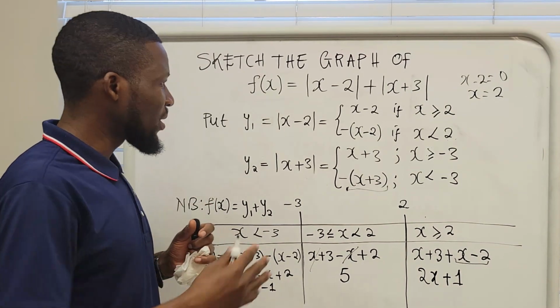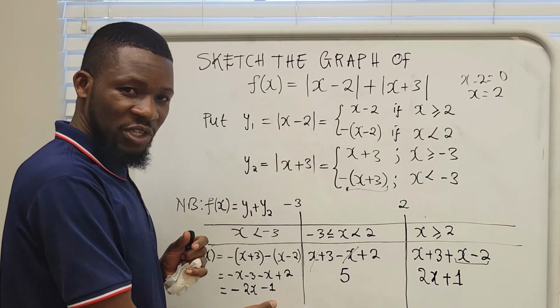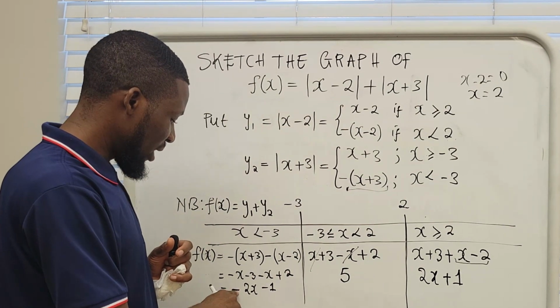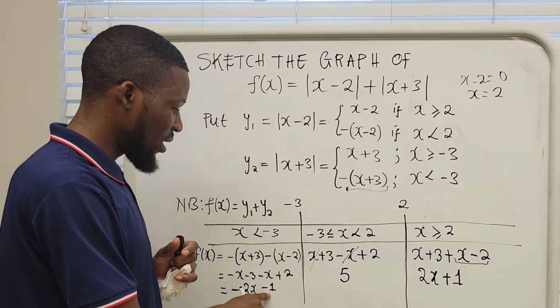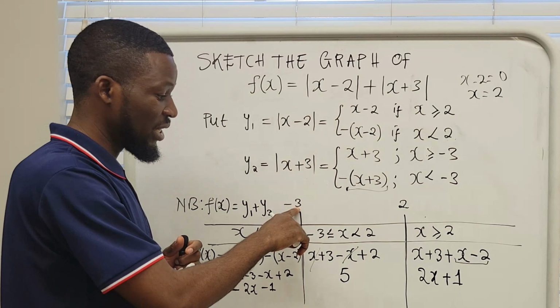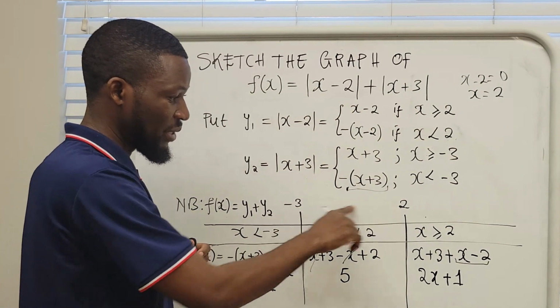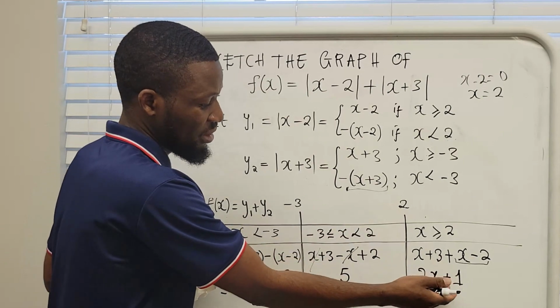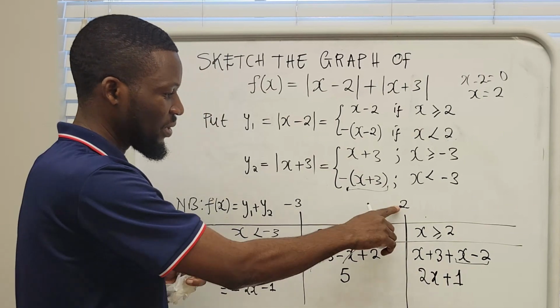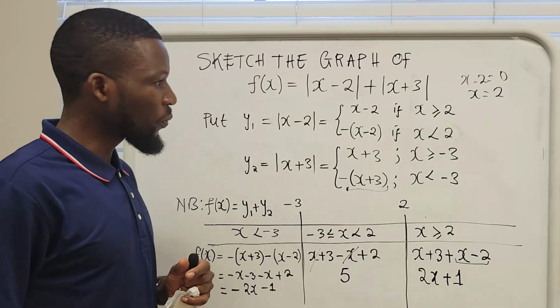So in simple terms, f of x is a piecewise function where it is negative 2x minus 1 for the values of x that are less than negative 3, and 5 for the values that are between negative 3 and 2, and 2x plus 1 for the values that are greater than 2.